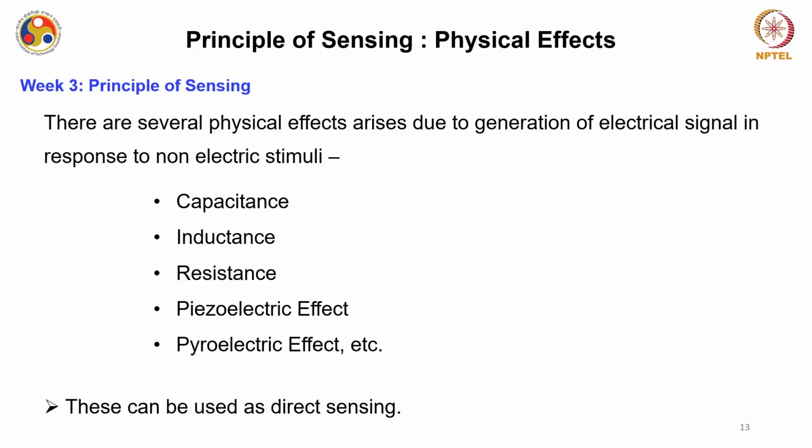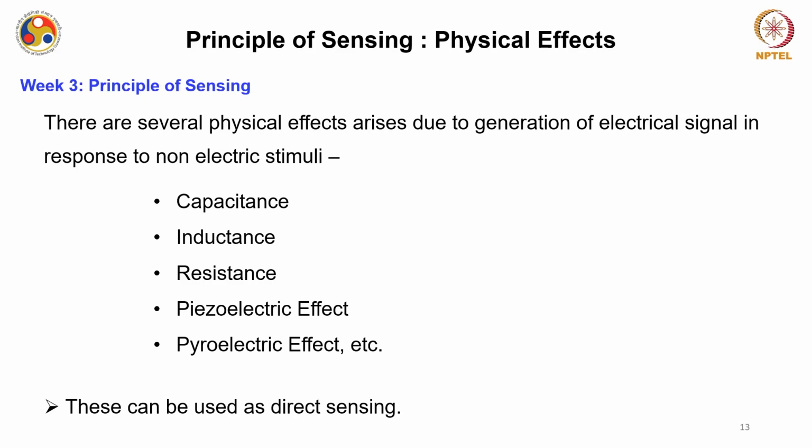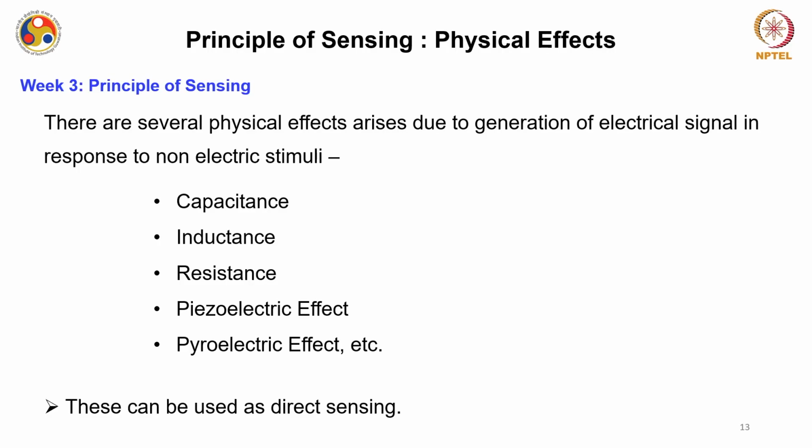Then in the third module we have mostly talked about principles of sensing. So we have seen that various classes of physical effects exist, which can be converted to electrical signals by different means, including capacitive ways, inductive, resistive, piezoelectric effects, pyroelectric effects and some more effects like the Hall effect, but that we have specifically seen for a particular device, not in the principle of sensing, because that was very specific to a certain device.